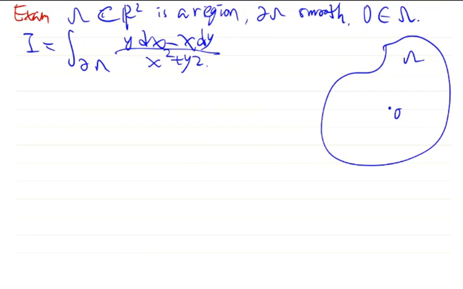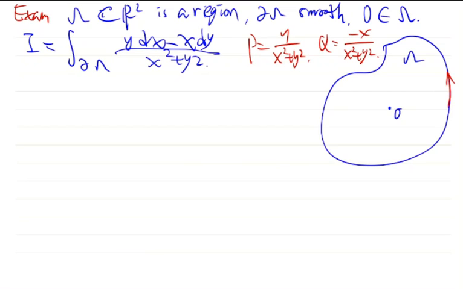So we want to compute this integral along the positive orientation. In this case, our P is y over x squared plus y squared, and Q is minus x over x squared plus y squared.